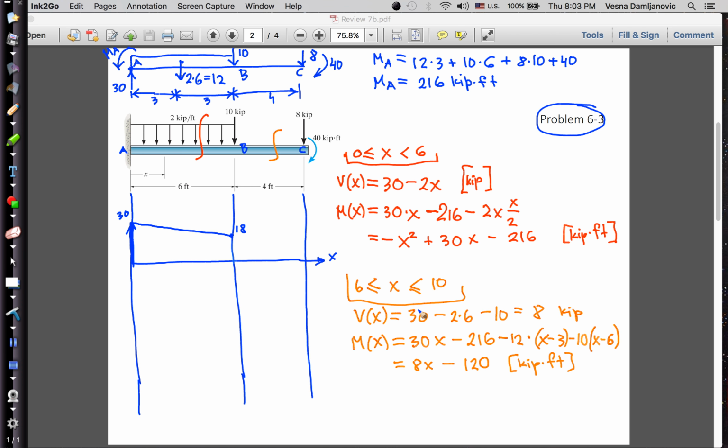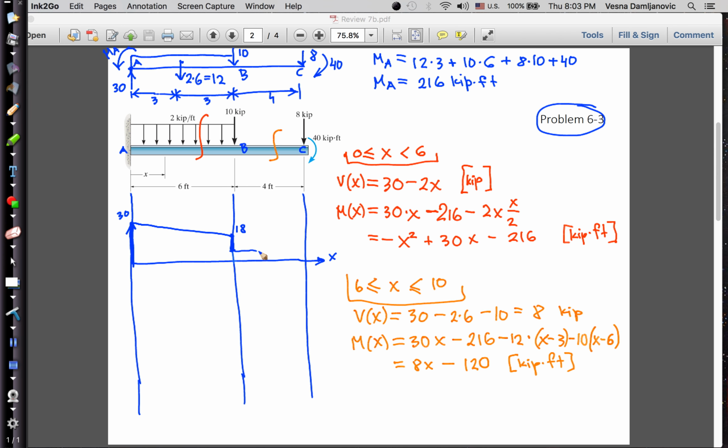And so now next we would look at this guy, because now we want to go from 6 to 10, from 6 to 10. Now we have to plug in x there. But is there any x there? No, because it's constant. It's 8 kips. So we have to drop down by 10, which we already knew because there's this force here of 10 to the point 8.